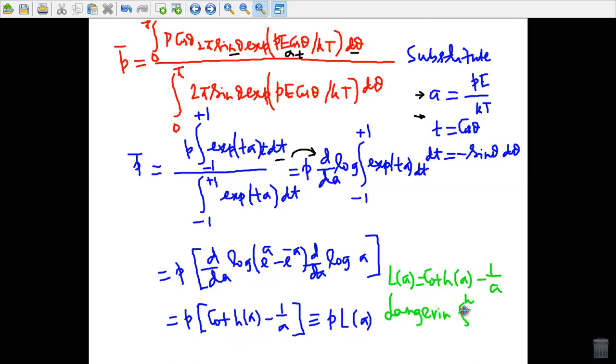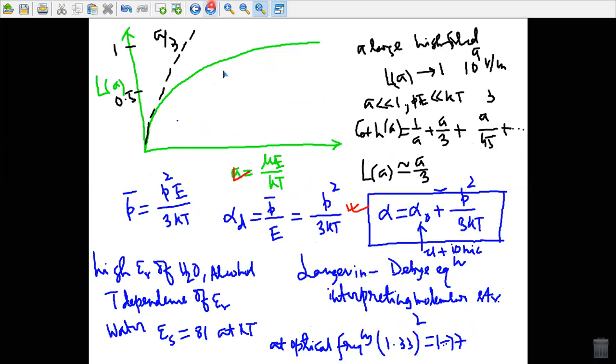So let me show the figure. This is the figure of the Langevin function L(a) as a function of a, where a equals mu E upon kT, and here a is very large.